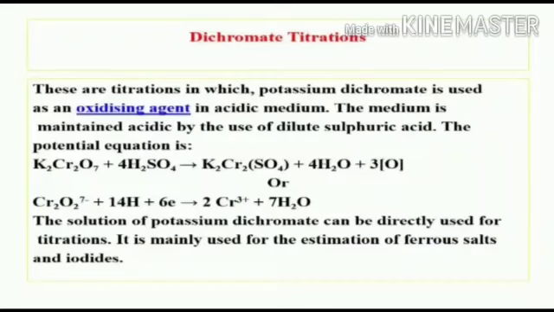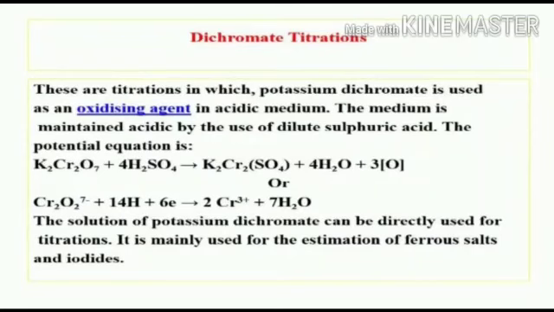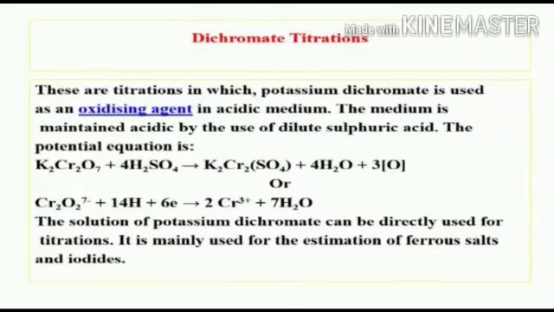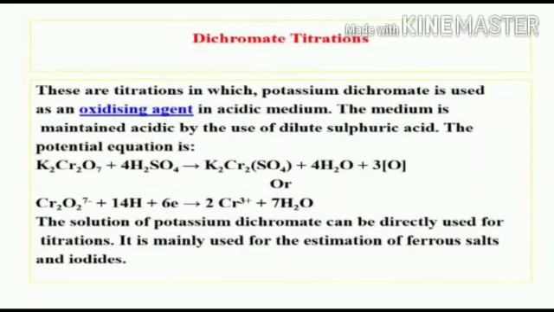Dichromate titrations. In this technique, potassium dichromate behaves as the oxidant in the acidic medium. It is essential to maintain the acidity of the medium by the addition of dilute sulfuric acid. Dichromate ion is not a self-indicator.